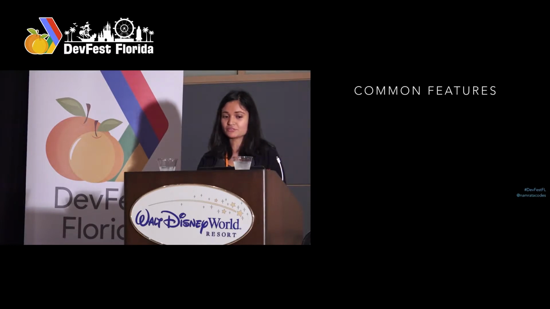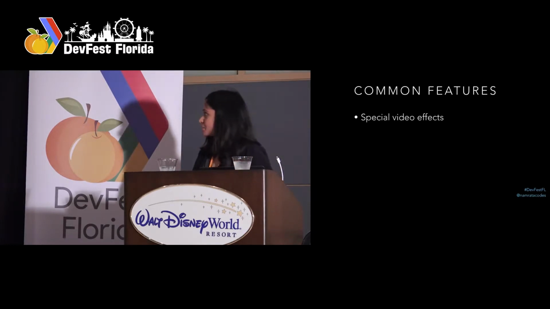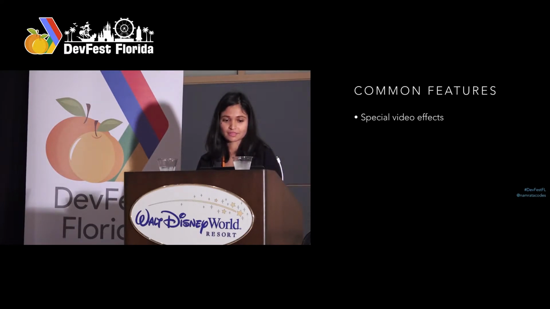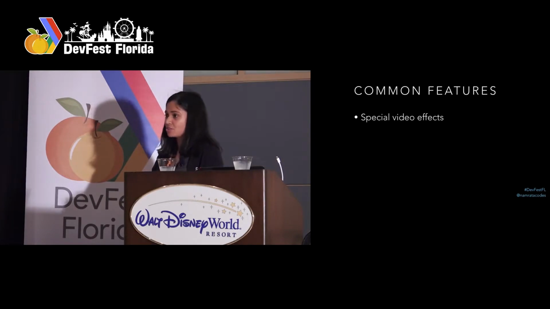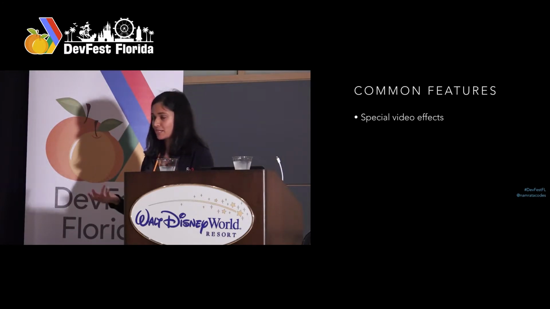What are some of the common features in these apps with respect to video processing? Instagram lets you add special video effects, which includes watermarking the video with text or images, as well as applying different filters to the video, so you can make your video black and white.